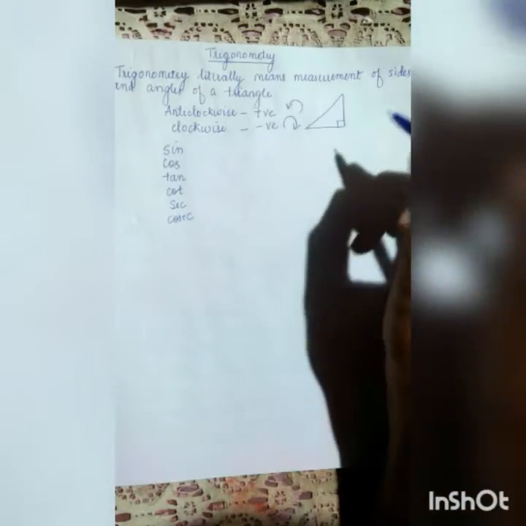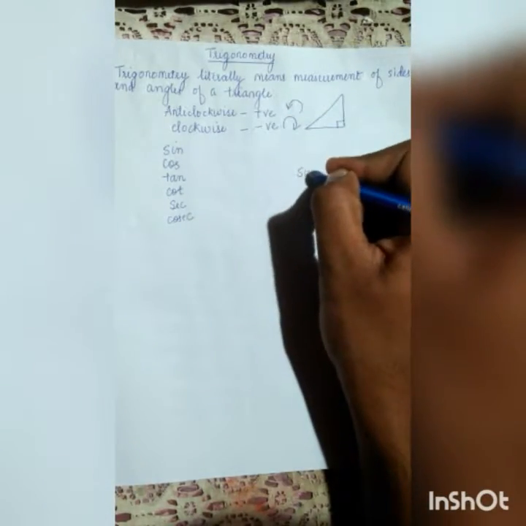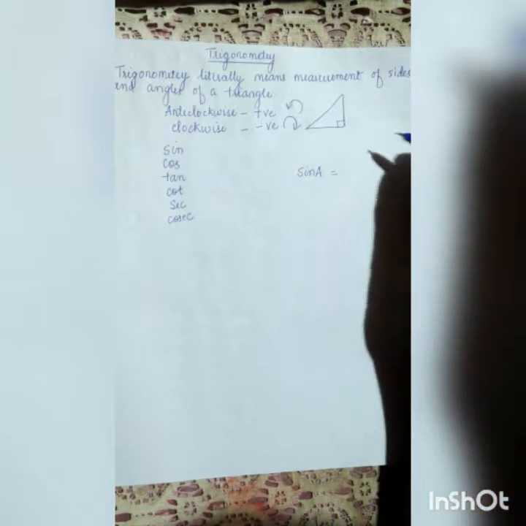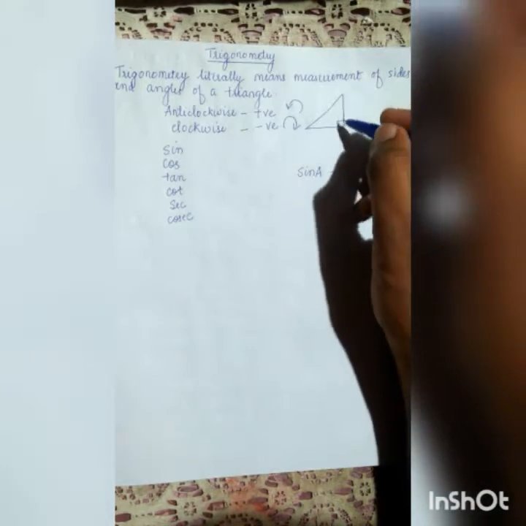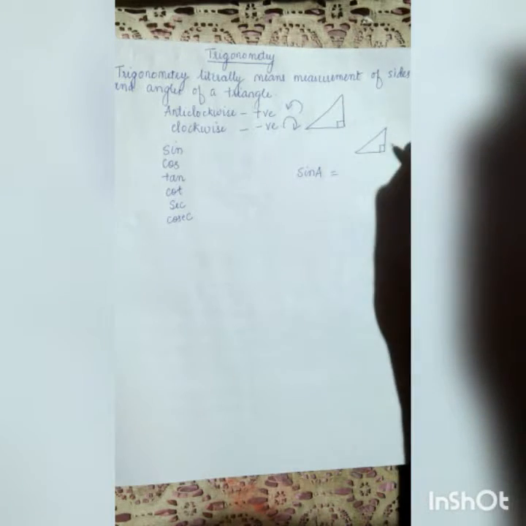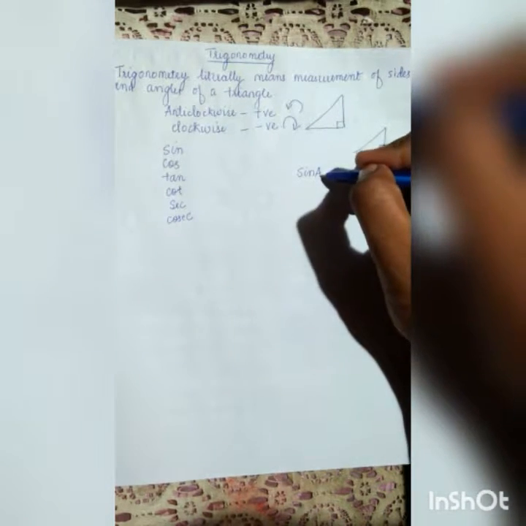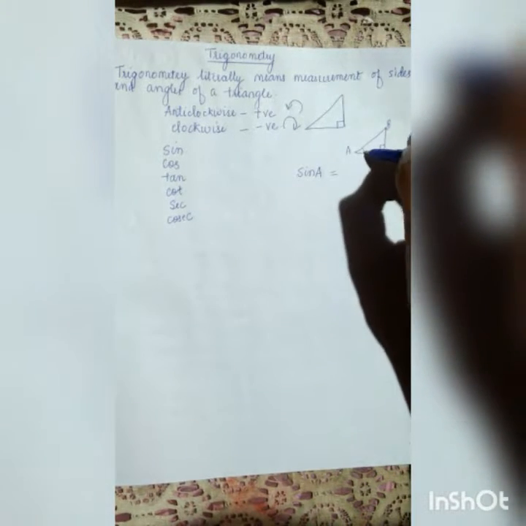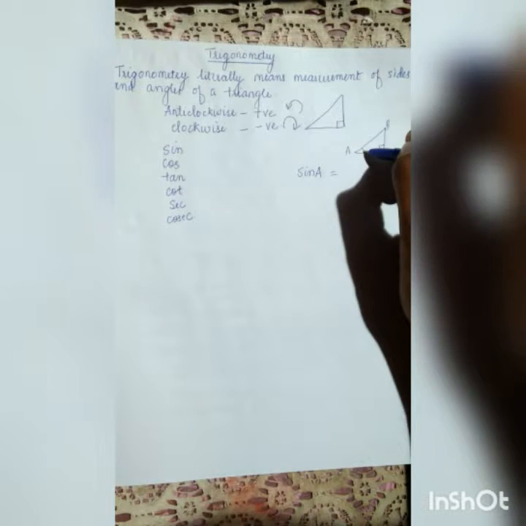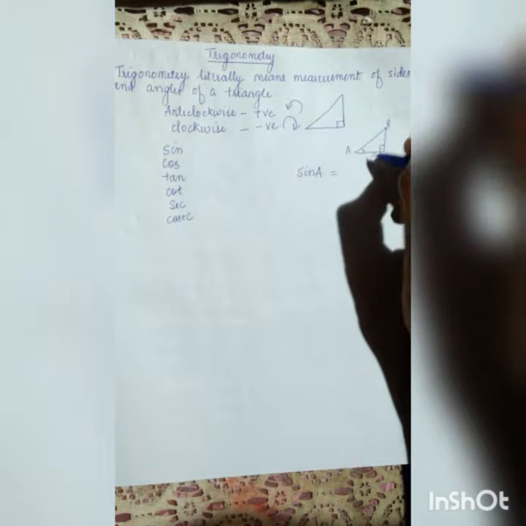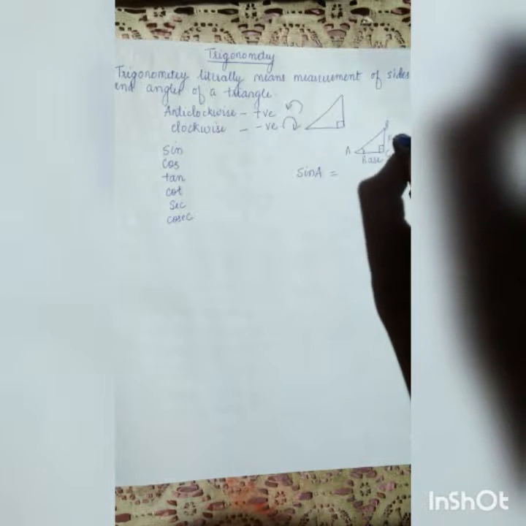First, sine. Sine of an angle is equal to, in a right angle triangle we have a 90 degree. Suppose the angle which we are measuring is A. So we have A here, B and C. We are measuring this angle. The side containing this angle and 90 degree is always taken as the base, while the other is always considered as the perpendicular.